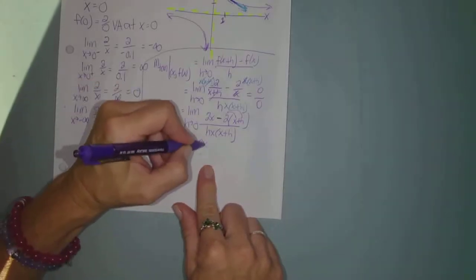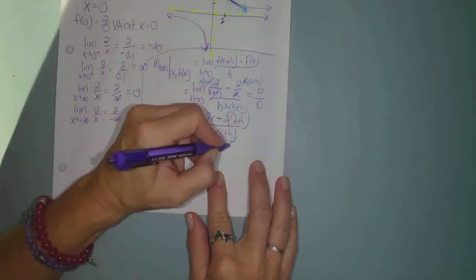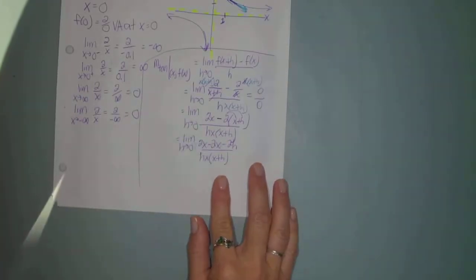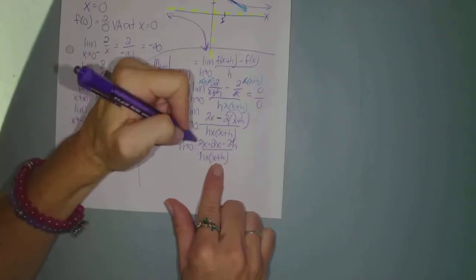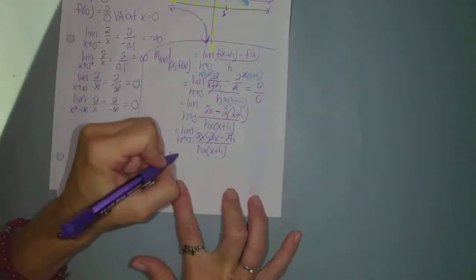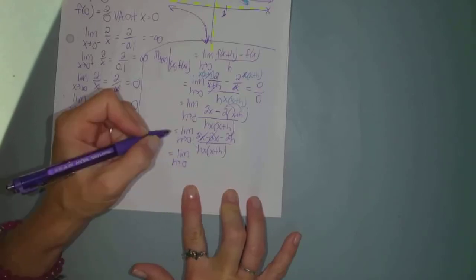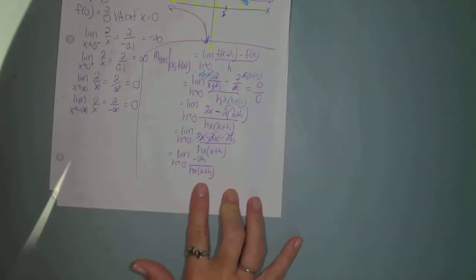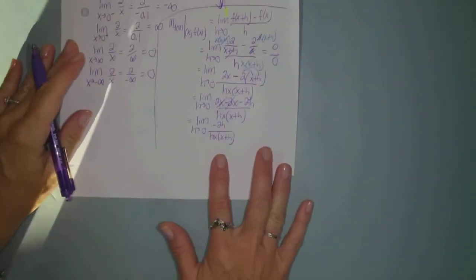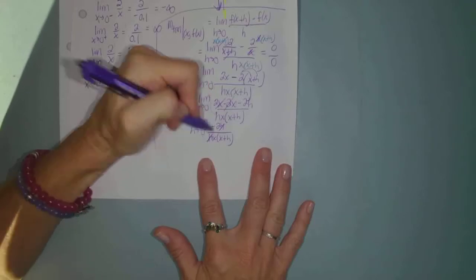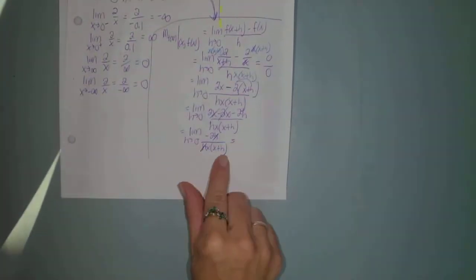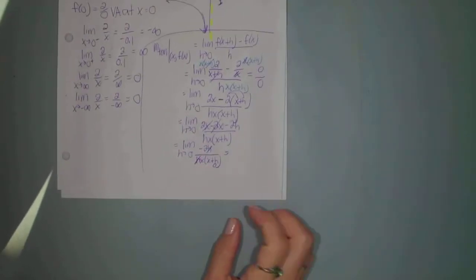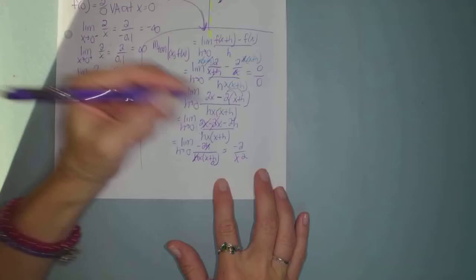So that's going to give me 2x minus 2x minus 2h, all over hx times x plus h. Now my 2x minus 2x will drop out. So that will give me -2h on the top with hx times x plus h on the bottom. Now the h's will drop out. And when I plug 0 back in for h one last time, I'm going to get -2 over x times x, or -2 over x squared.